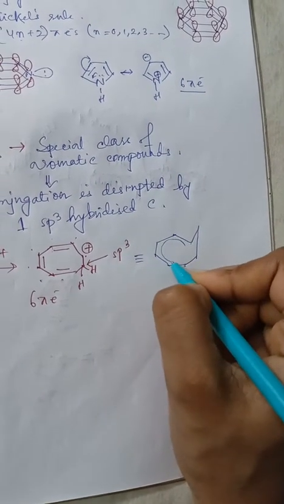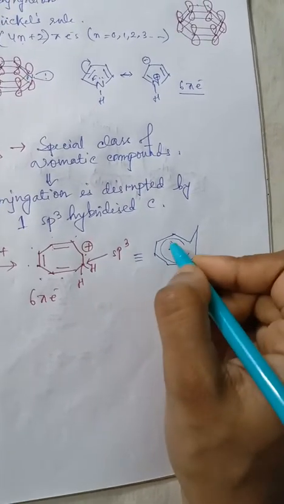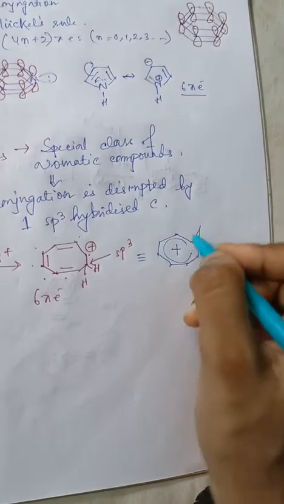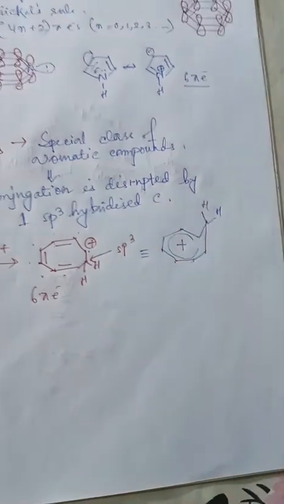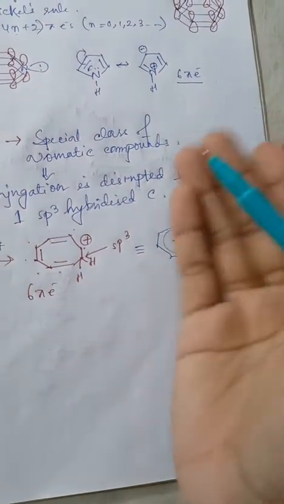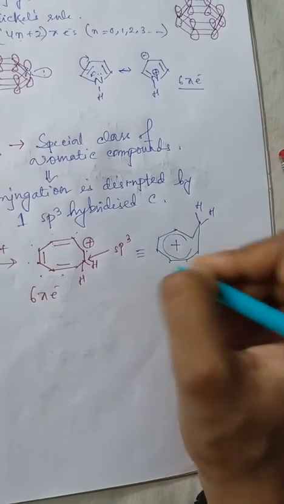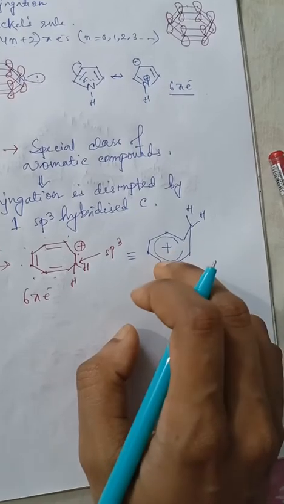There is this positive charge delocalized among 1, 2, 3, 4, 5, 6, 7 carbon atoms. But this sp3 carbon stays above the plane. These 7 carbon atoms are in one plane and 6 pi electrons are involved.